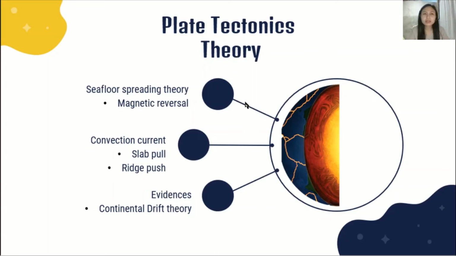So we had discussed that the plates are moving and the reason why the plates are moving. So we have the convection current, and through the convection current, we had discovered that the seafloor is spreading, also with the magnetic reversal as an evidence. So next week, we will be discussing all about evidences of continental drift theory that will support further our plate tectonics theory.